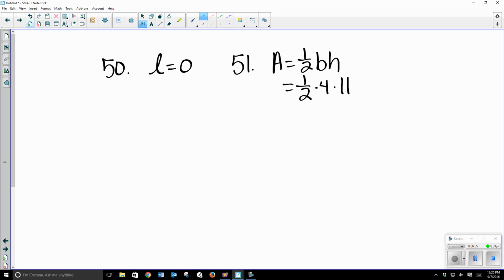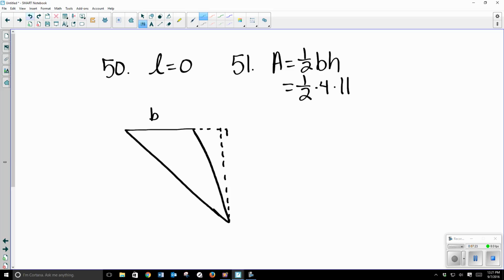Okay. So you have this. Let's look at it this way without the coordinate plane. Okay. So if this is the base, the height is not from here to here or here to here. The height is the perpendicular distance from the top of the triangle down to the base.